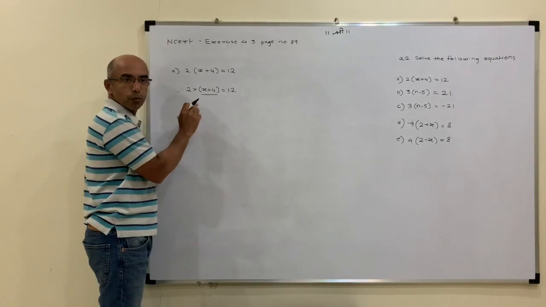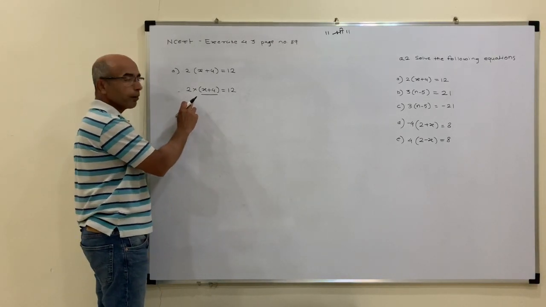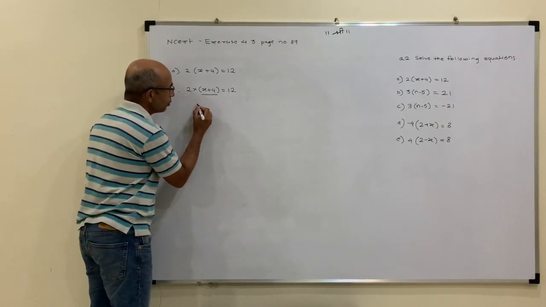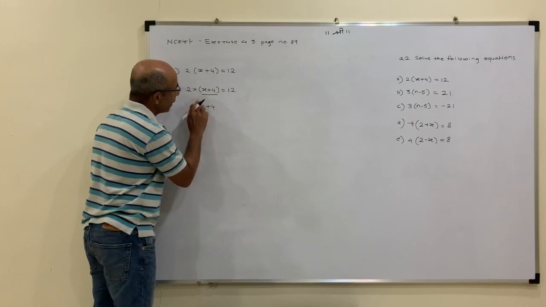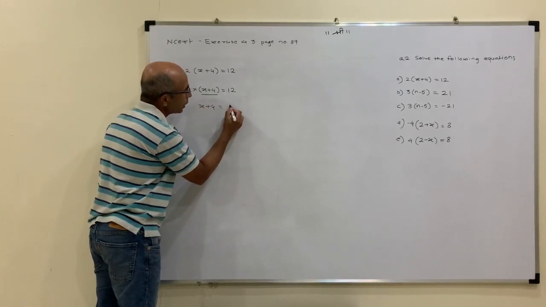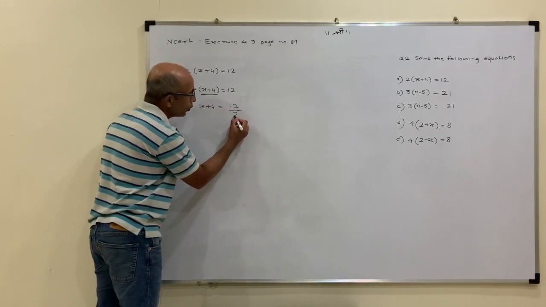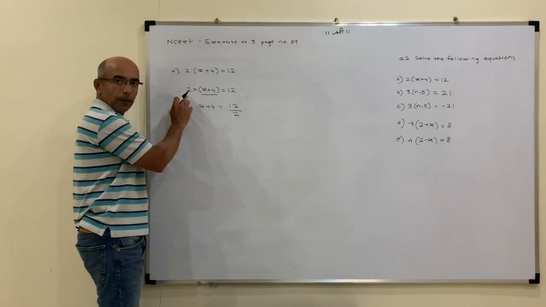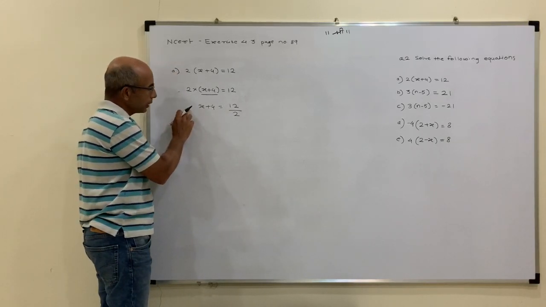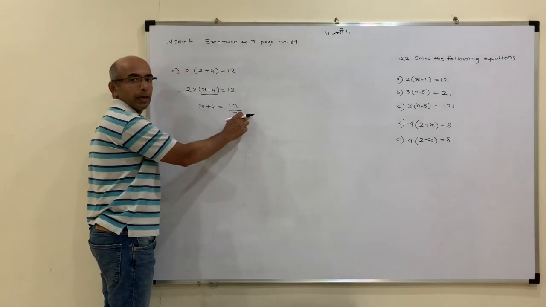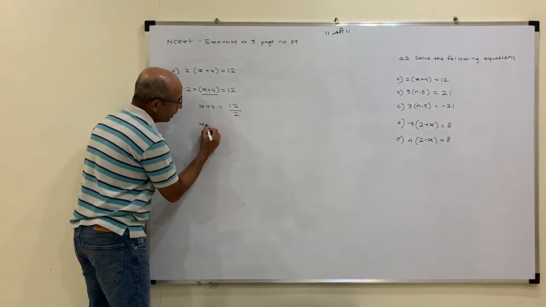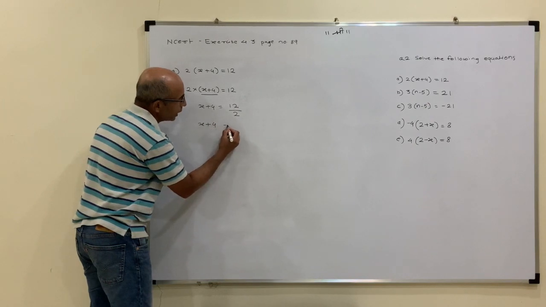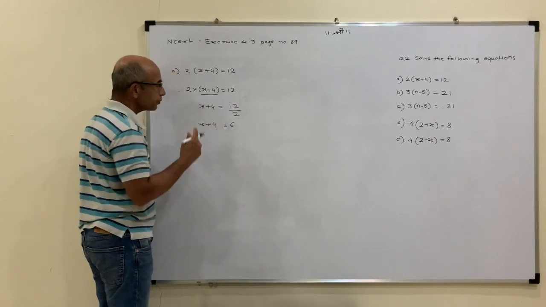My next step will be x plus 4 equals 12 divided by 2. Since 2 is multiplied on the left hand side, when we transpose it to the right hand side, it will be divided. So my next step will be x plus 4 equals 6.